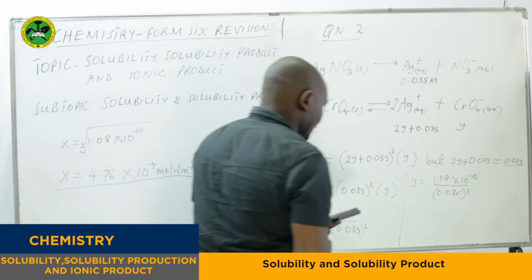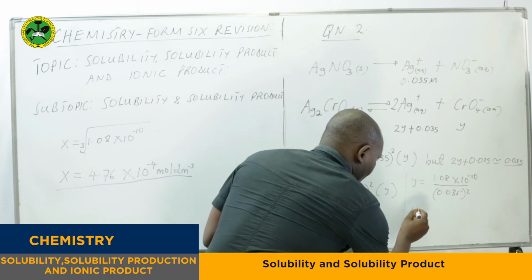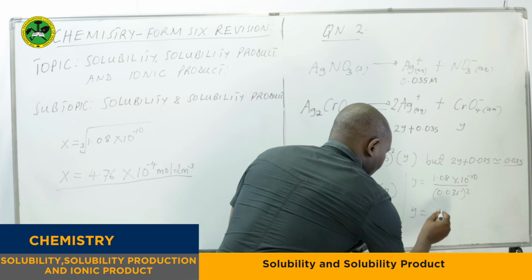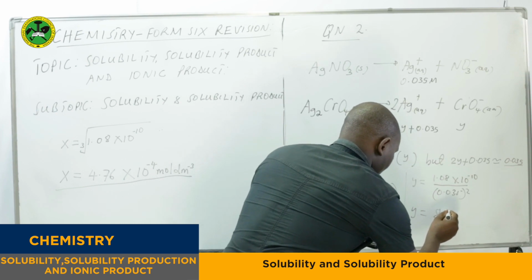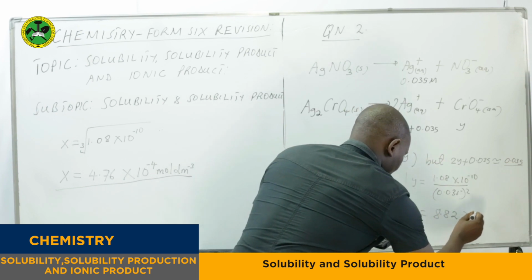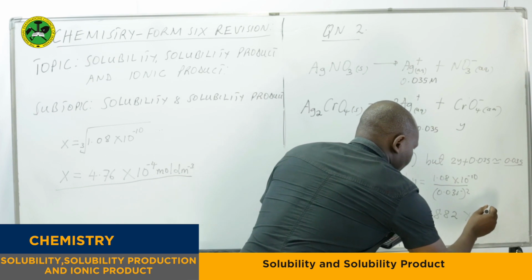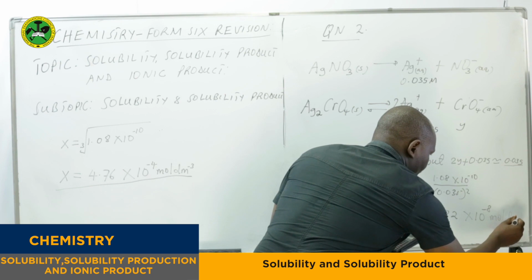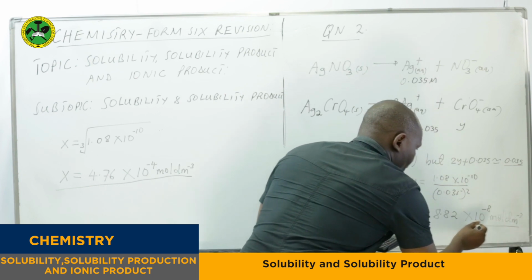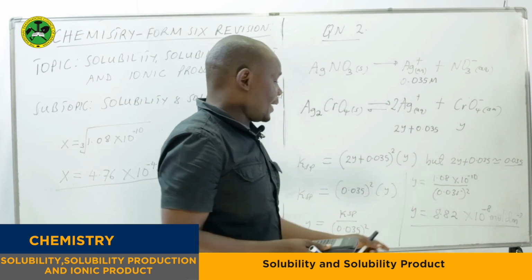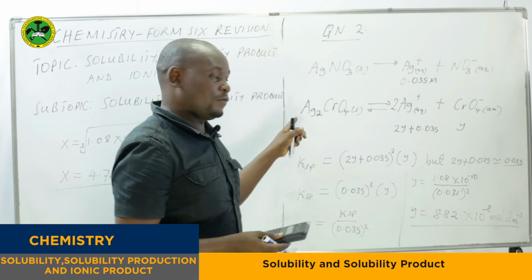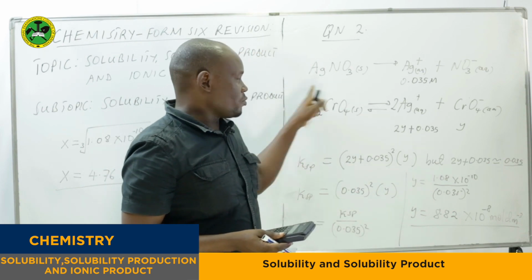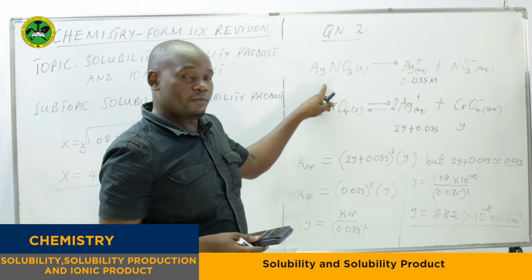So we get the answer y, which is equal to 80.8 approximately, then times 10 power negative 8. This will be moles per decimeter cubed. So this is now the solubility of silver chromate in silver nitrate.